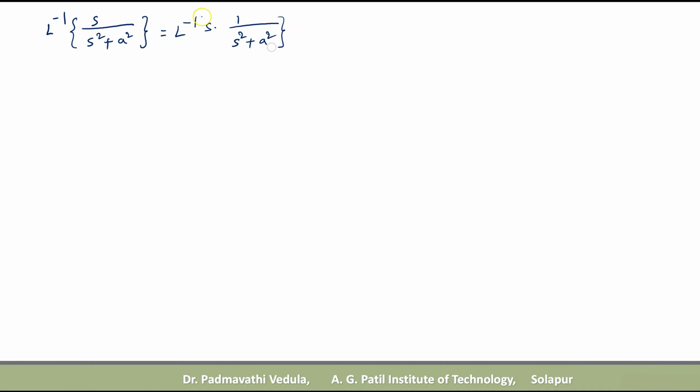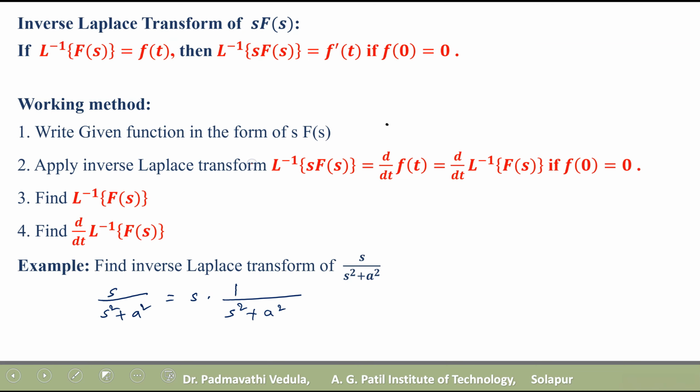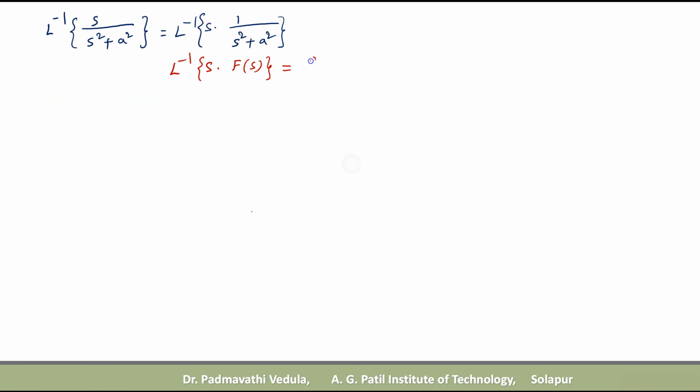So this is in the form of s into f of s. So we know that property. What is that? L inverse of s into f of s equal to d by dt of L inverse of f of s, the derivative of inverse Laplace transform of f of s, if f of 0 equal to 0.